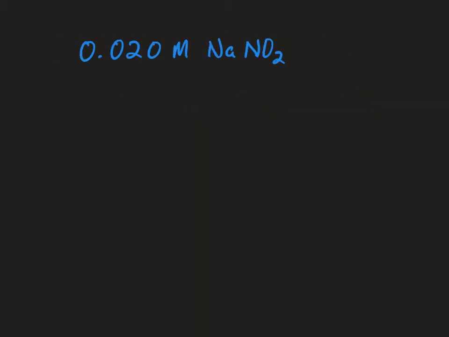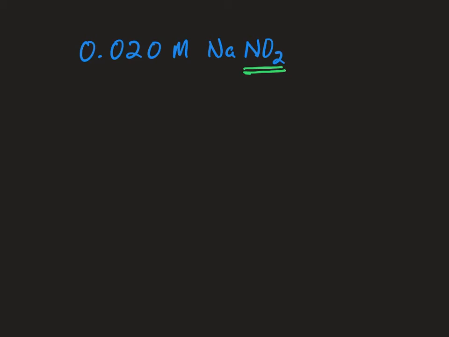So now let's consider a 0.020 molar solution of sodium nitrite. When we defined weak bases, we said that one of the things that can act as weak bases are salts of the conjugate base anion of weak acids.